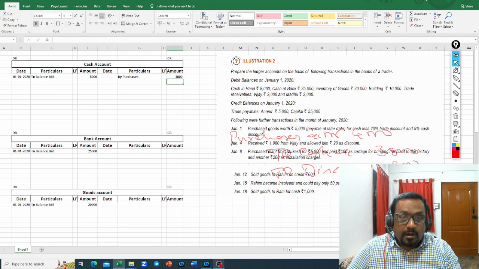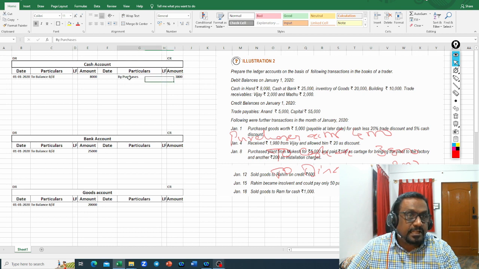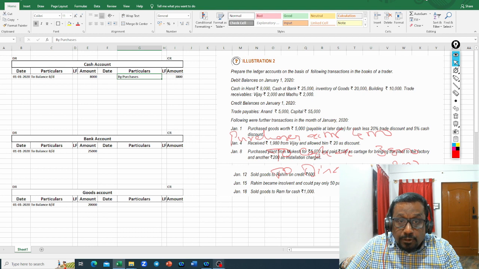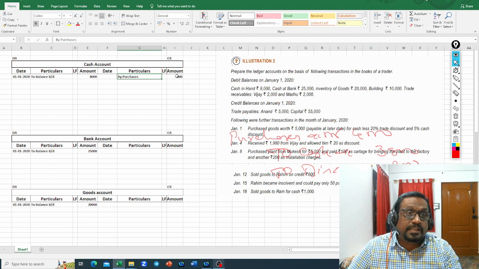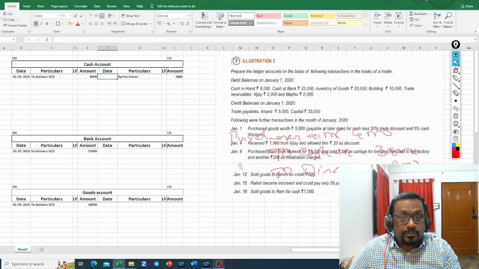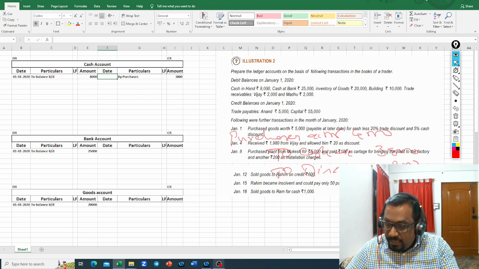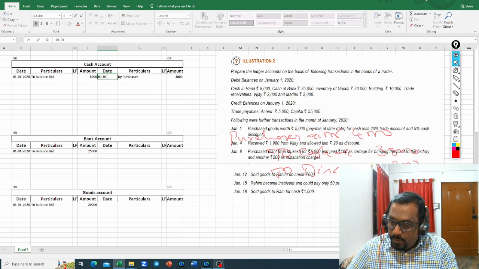When I'm recording this in the cash account, cash got credited, hence I'm writing this on the credit side of the cash. Whatever is left on the debit side, I'm supposed to write by purchases. What amount do I need to mention there? Whatever amount is mentioned opposite to the cash account, that is 3,800. What date am I supposed to put? January 1st, 01 2020.